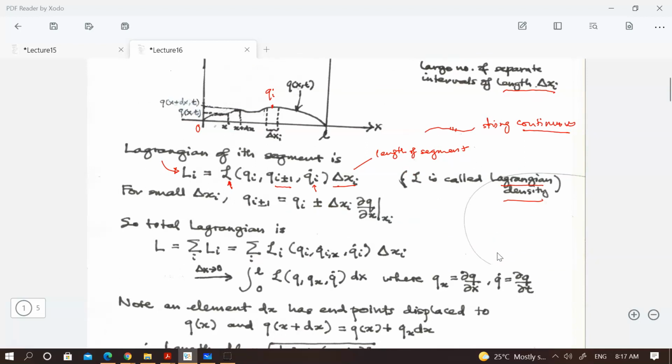In other words, your position on the segment before and the segment after will be just a linear deviation from the ith segment. So this is the position of the ith segment, this is the position of the i minus 1 and i plus 1 segments. And how they are related to the ith segment is by just a linear term in the length of the segment. This is just a linear approximation here.